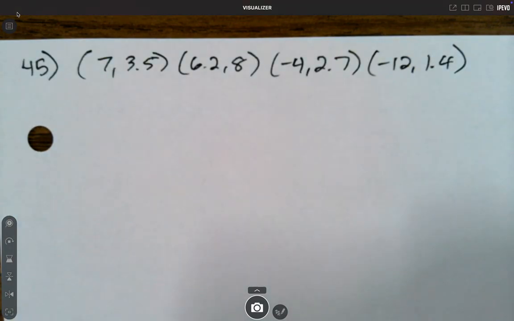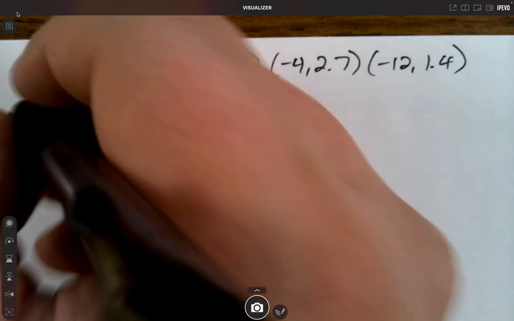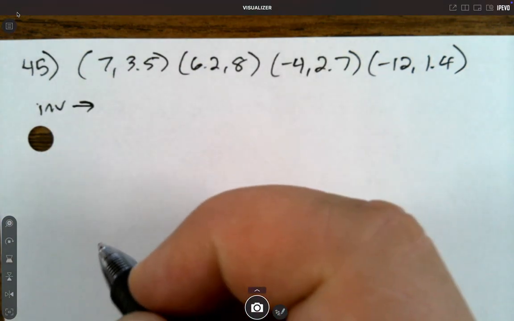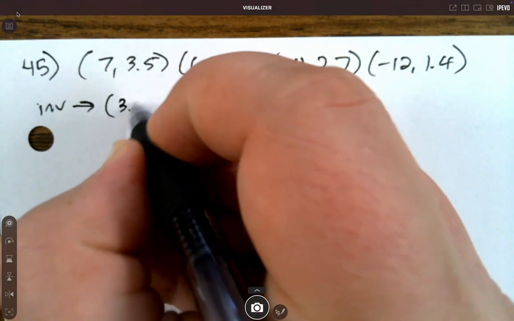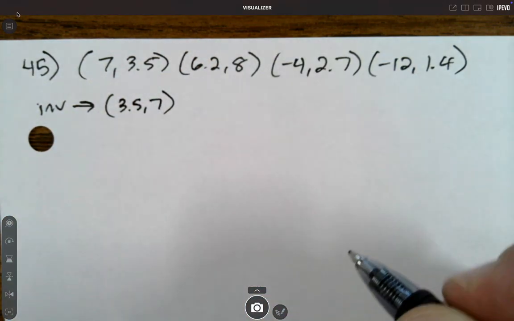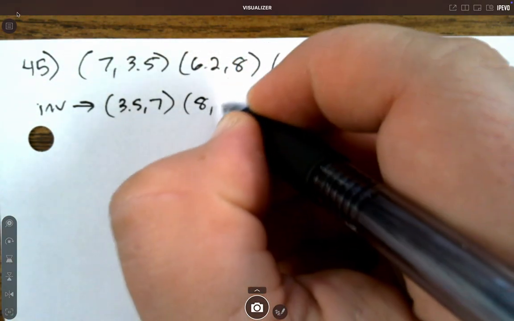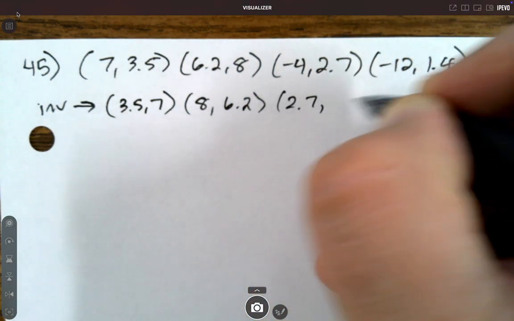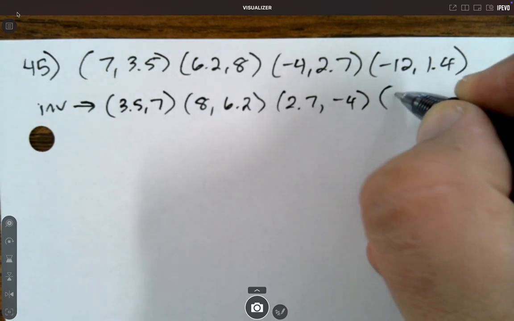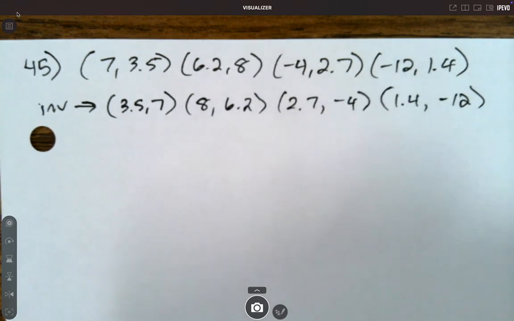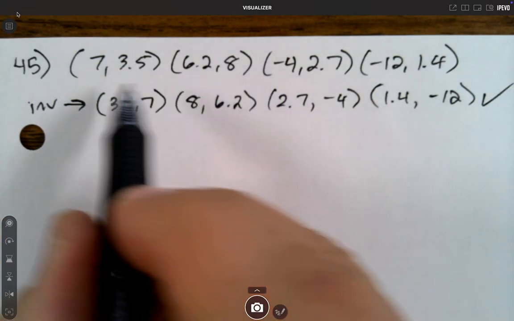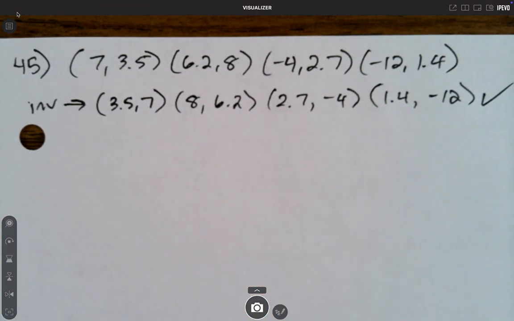Okay, so they say here's a relation, find the inverse of the relation. So the inverse, when it is ordered pairs, is very straightforward. You just flip which one's X and which one's Y. So I just put 3.5 first and 7 second. Put in 8 first, 6.2 second. 2.7 first, negative 4 second. 1.4 first, negative 12 second. So this second line is my answer.